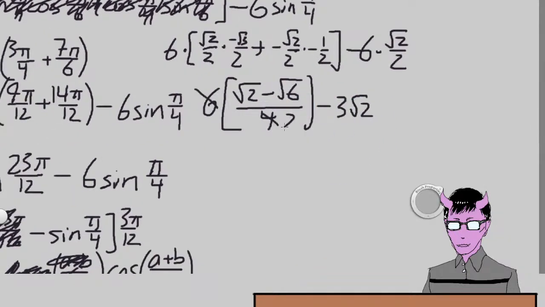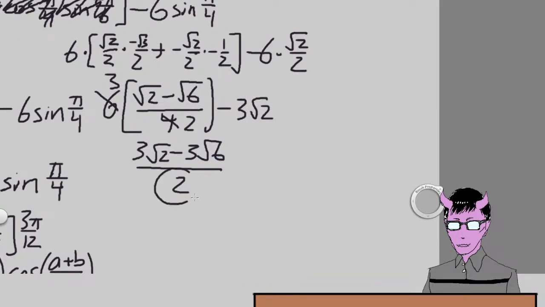Partial cancel, partial cancel. We can use the distributive property, so we're going to get 3 root 2 minus 3 root 6 all over 2. And then this one, we can combine it with this one by multiplying top and bottom by 2, so minus 6 root 2 over 2.